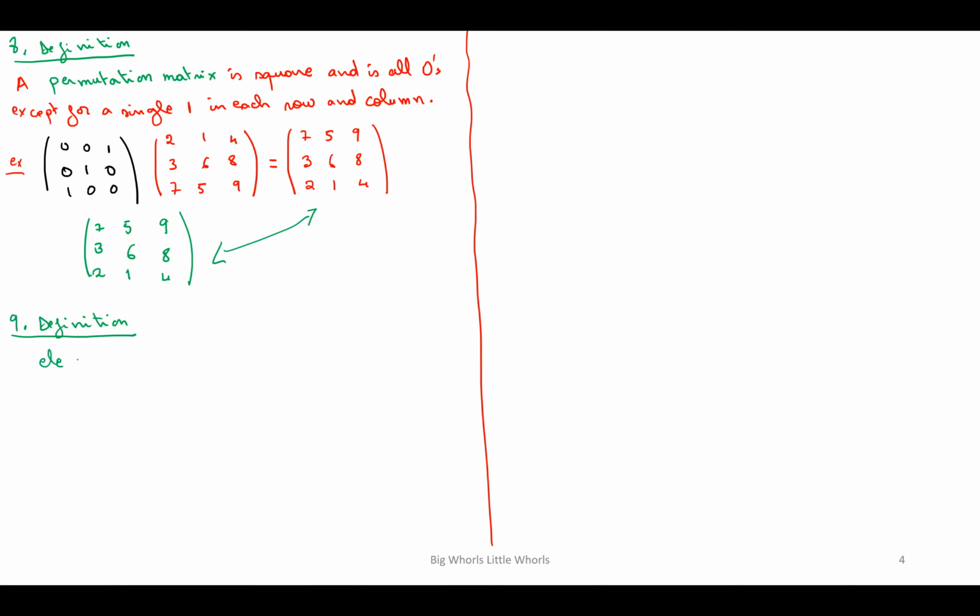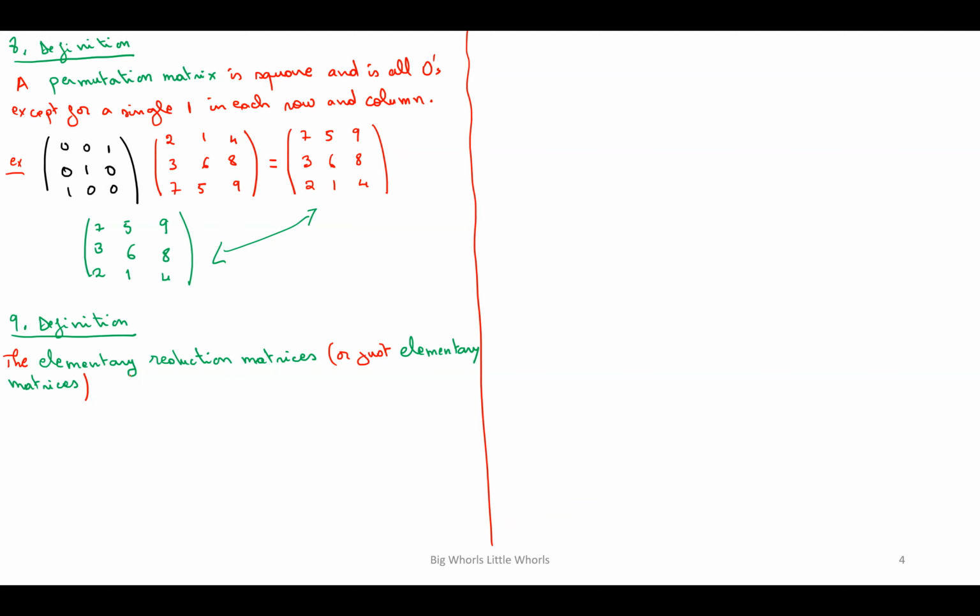The elementary reduction matrices are simply just elementary matrices. Okay, you can just say elementary matrices. They result from applying a single Gauss operation to an identity matrix. So you will see this is a very beautiful definition.